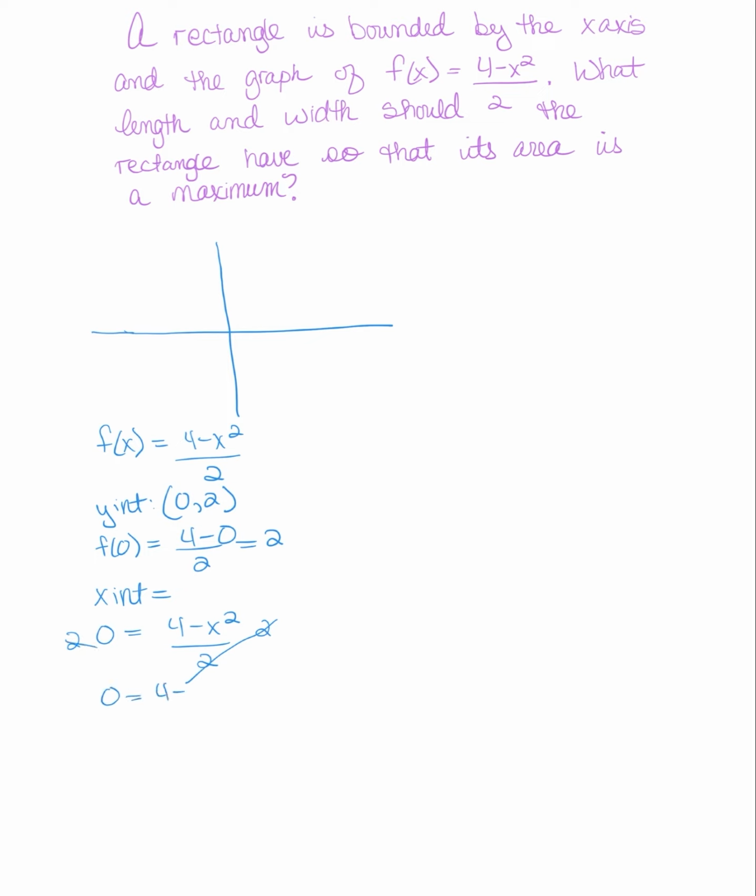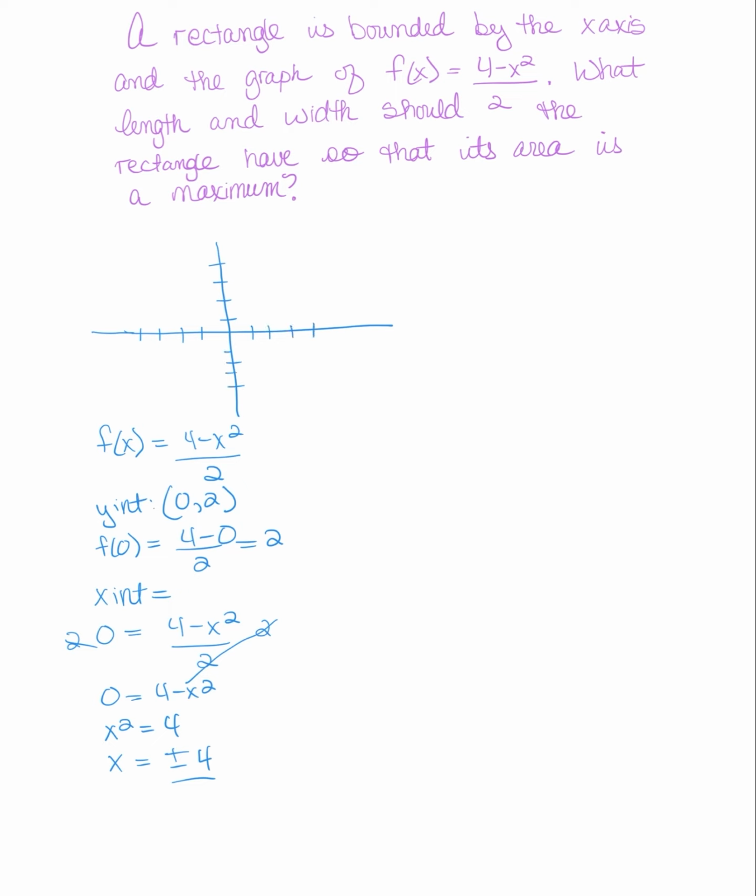So 0 equals 4 minus x squared, well, we have x squared equals 4, therefore x equals plus and minus 2. So now we have some points that we can graph. So we have 1, 2, 3, 4, 1, 2, 3, 4.